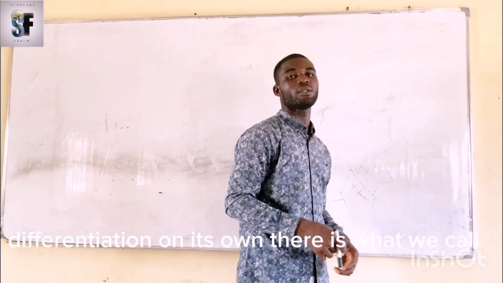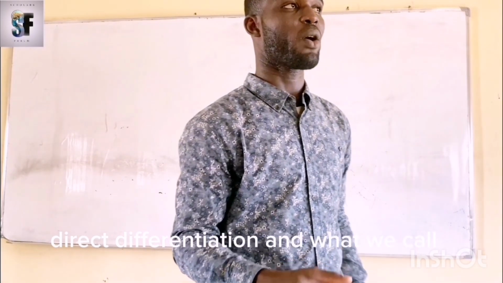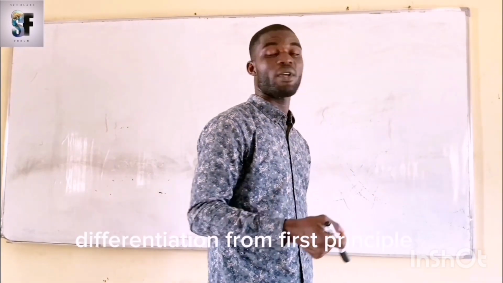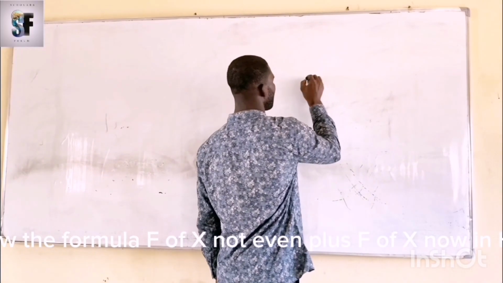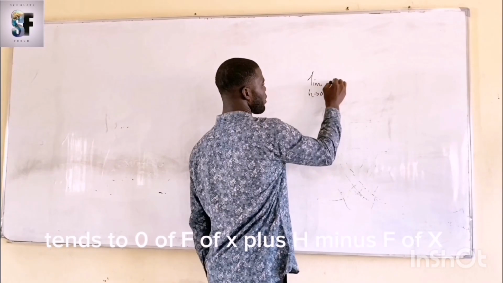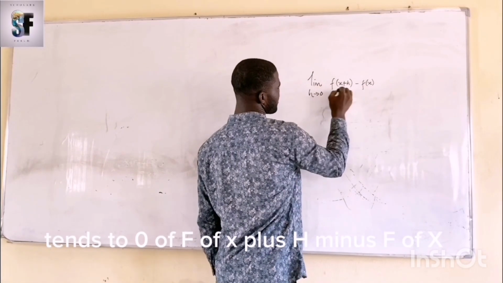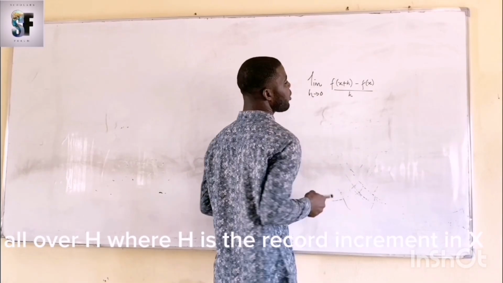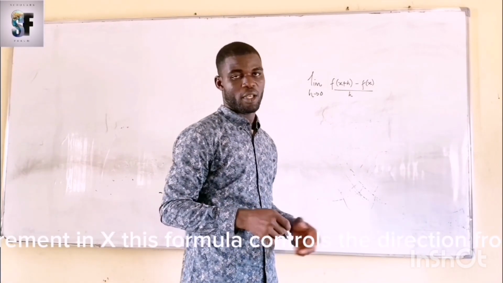In differentiation on its own, there is what we call direct differentiation and what we call differentiation from first principle. Now, the formula is the limit as h tends to 0 of f of x plus h minus f of x, all over h, where h is what we call the increment in x.